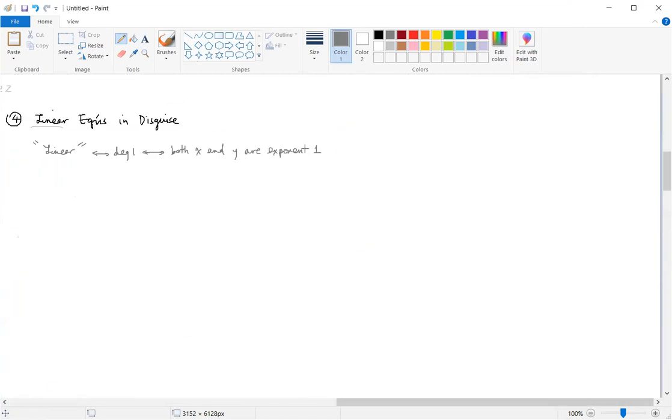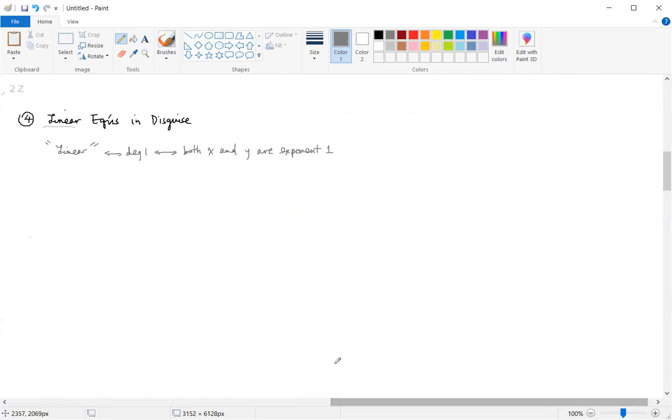Now, linear equation in disguise means, just in case someone didn't know the word, disguise means you are putting on a mask and pretending to be something else. Like, I don't know if you guys know Naruto, maybe this animation is not your generation.